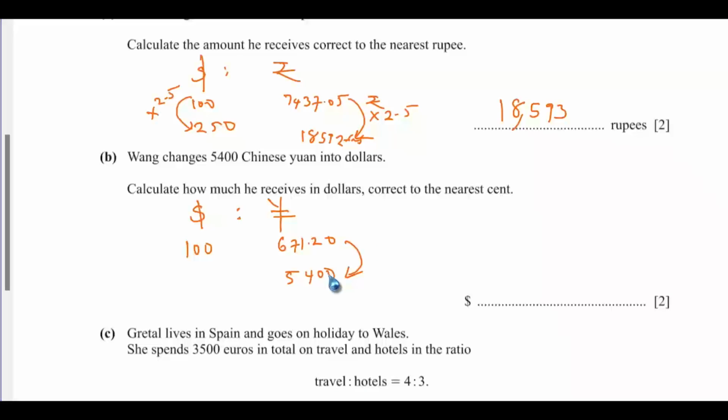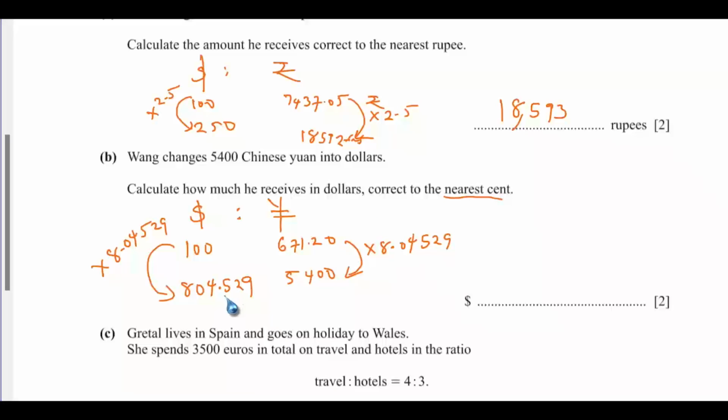So that means this was multiplied by something to get 5,400. So we can easily say 5,400 divided by 671.20, that will give us times 8.04529. That is what you need to multiply by 100 here, so that will give us 804.529, and we are asked to correct the answer to the nearest cent.